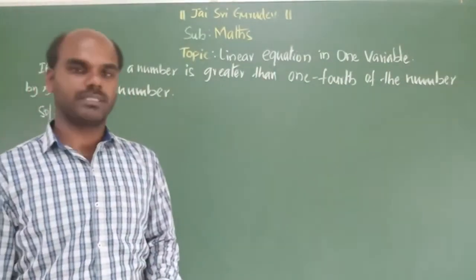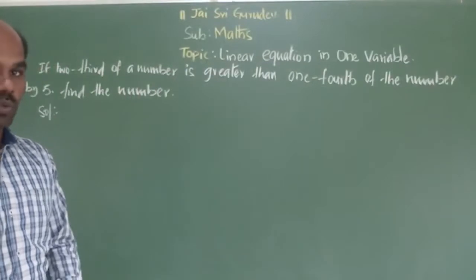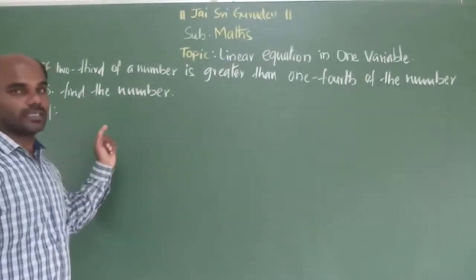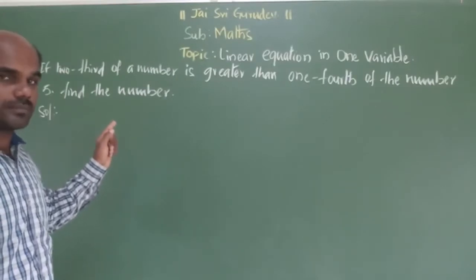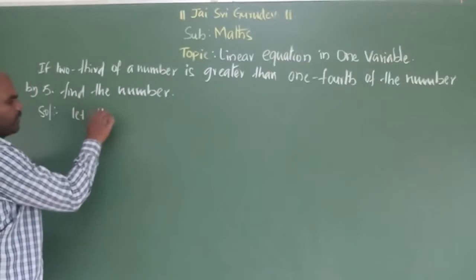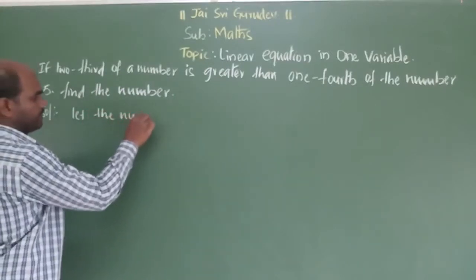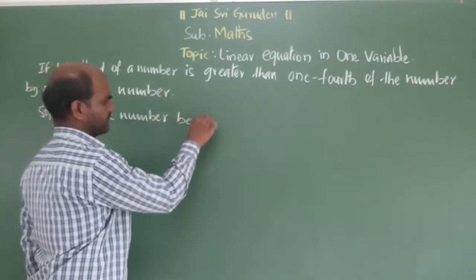Both sides will be simplified and you will get the x value. There is a process to find the solution, so let us understand the process next. Here, let the number be x.